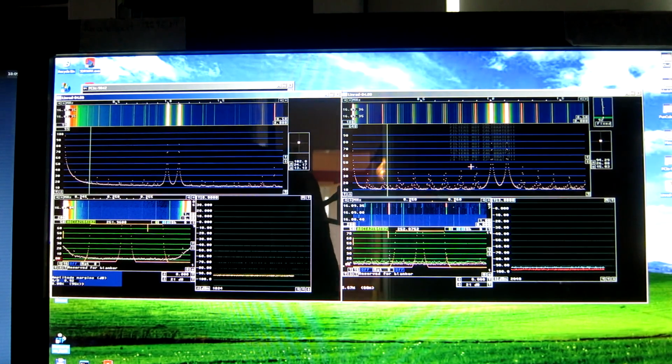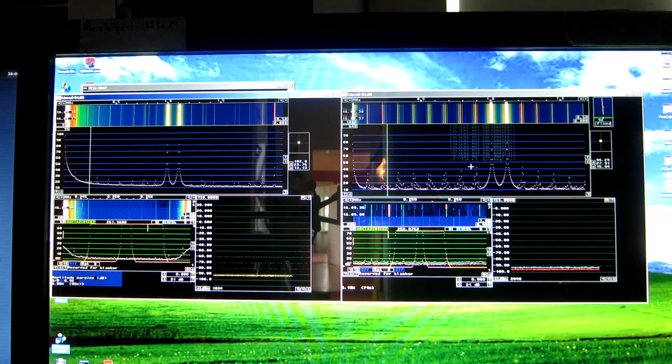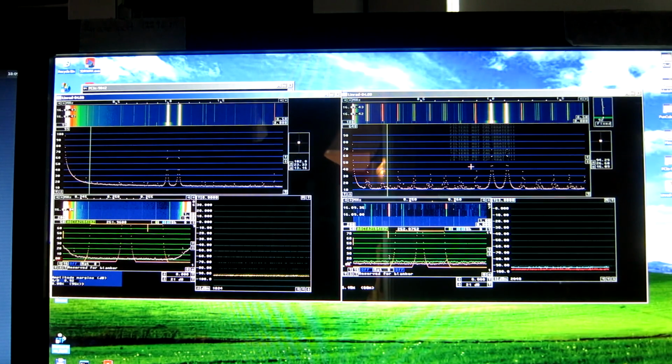So I go on. -40 dBm, and you see now false signals here are only 10, 20, 30 decibels below the real signals. 30 decibels is not much. This is the explanation why there was a lot of interference. And I continue to make the signal weaker.